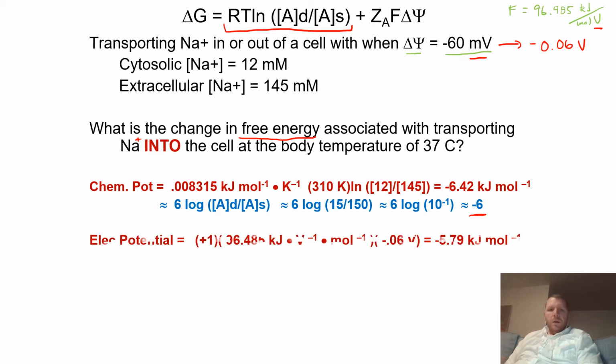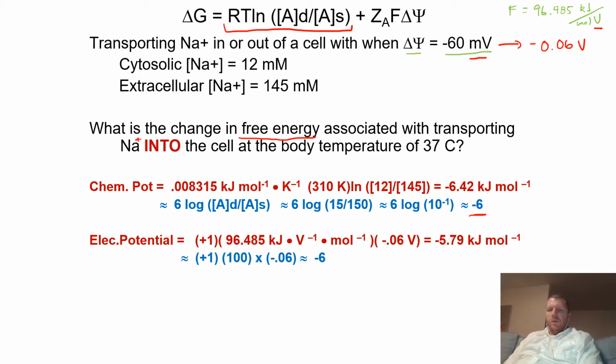Okay, next up is my electrical potential. Well, Z sub A is the charge of my ion. I'm talking about a positively charged sodium ion, so 96.485 kilojoules per volt mole times negative 0.06 volts equals negative 5.79 kilojoules per mole.